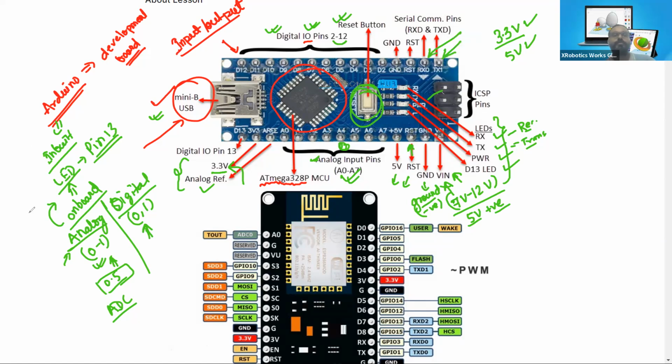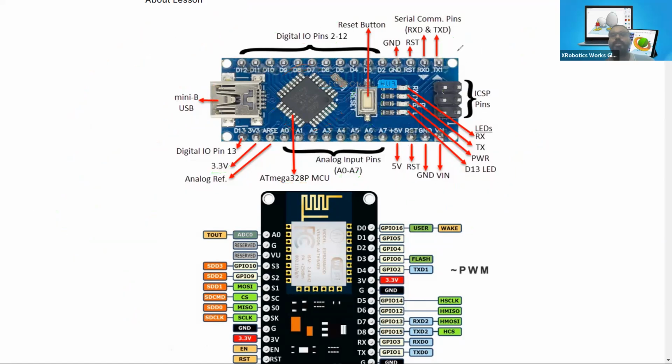Okay. And here on the top side, we have the TX pin and RX pin. We know the limitation of Arduino boards: the Arduino board does not have any connectivity option apart from the USB cable for direct serial communication between the computer and the microcontroller.